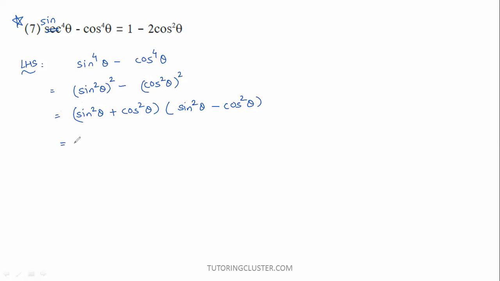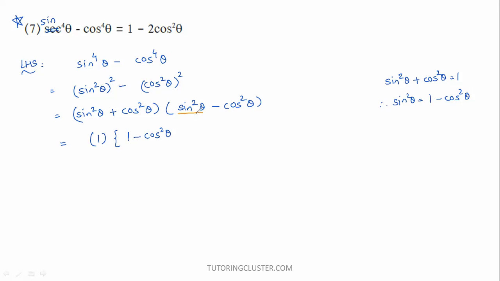Okay, is it clear? What is sine square theta plus cos square theta? 1 into, now check this. Instead of sine square theta, we know the identity: sine square theta plus cos square theta is equal to 1. What will be sine square theta from this? 1 minus cos square theta. Okay, what we have replaced?